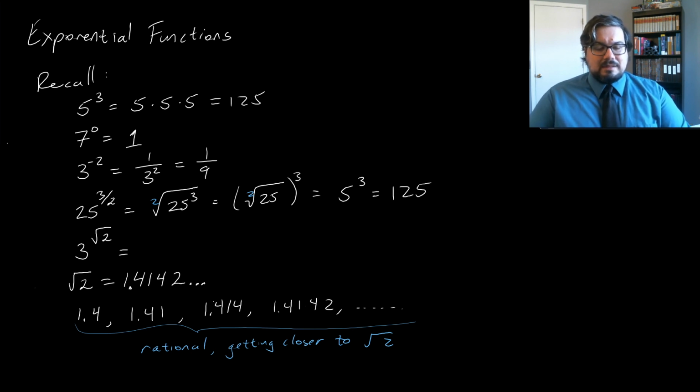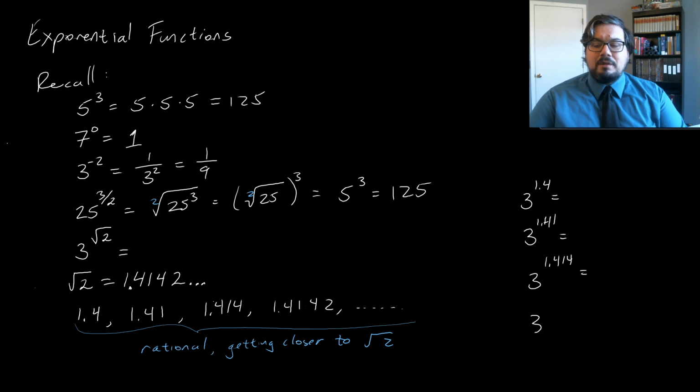So we've got these sequences, and we can use them to say, well, we don't know what 3 to the square root of 2 is, but we can look at what 3 raised to the 1.4 is, what 3 raised to the 1.41 is, what 3 raised to the 1.414 is.